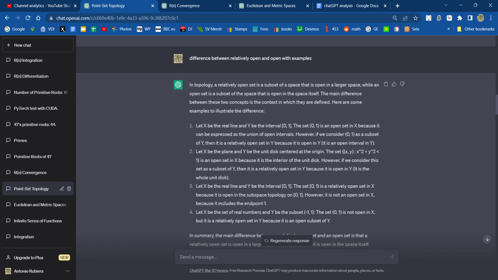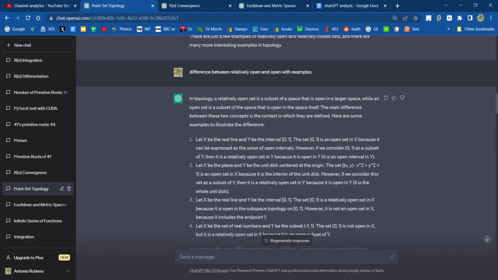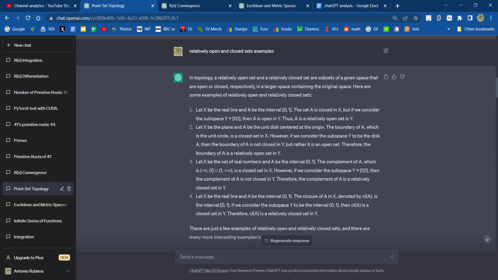Next I asked for the difference between relatively open and open, with examples, and it goes through similar examples as before. I want to go back to relatively open because I think it merits a look. Let's go back to the first one.